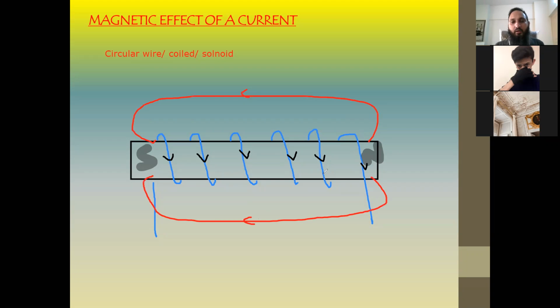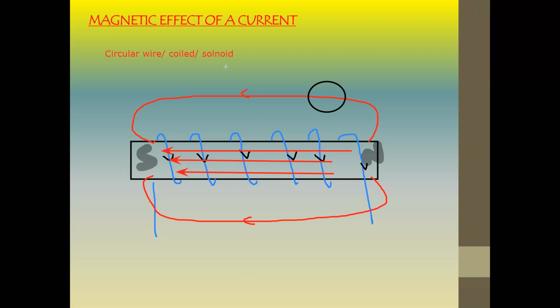Around the wire it is circular, and inside the wire it is parallel straight lines, from north to south. If I place a compass at any point, the compass needle will point the same as the direction of the magnetic field.